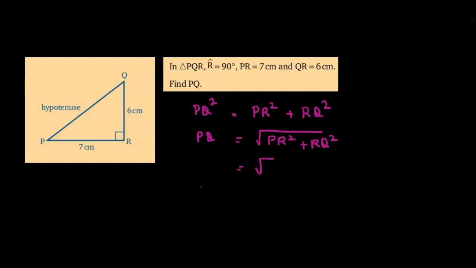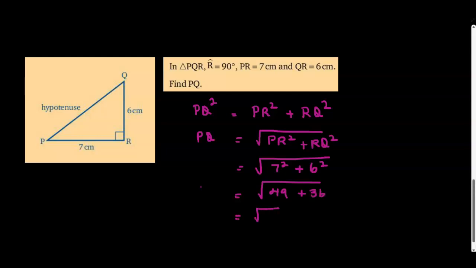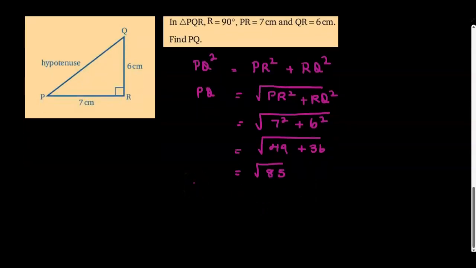And PR is 7 centimeters, so that's 7 squared, plus QR or RQ is 6 squared. And that will give us the square root of 49 plus 36, which is equal to the square root of 85 centimeters. When you're punching that into a calculator, you're going to get approximately 9.22 centimeters. And this is correct to 3 significant figures.